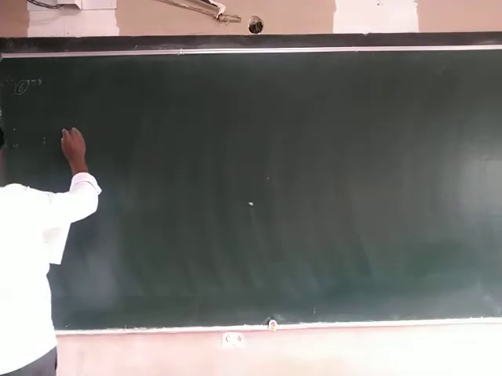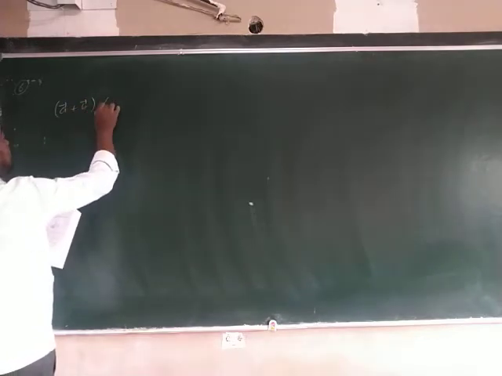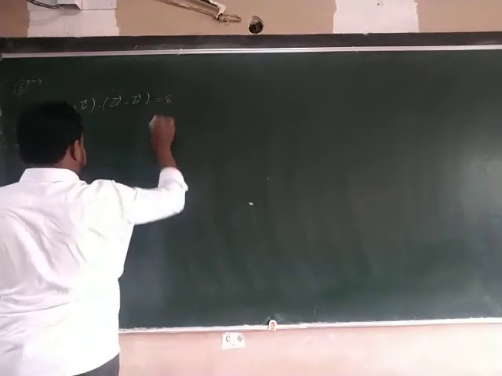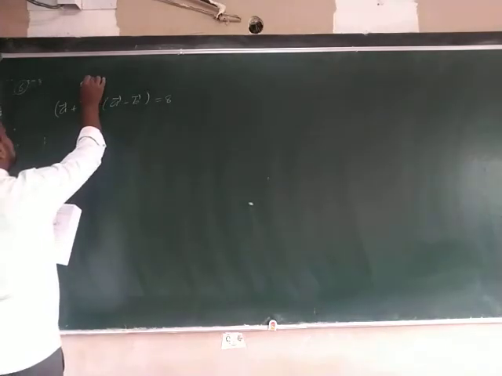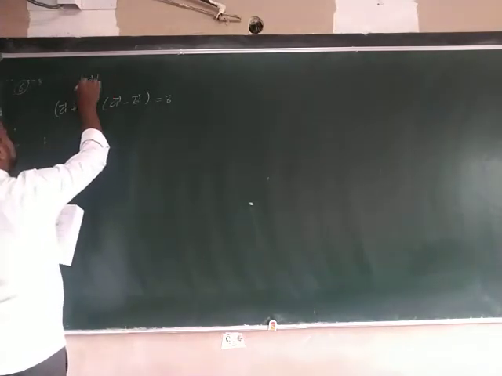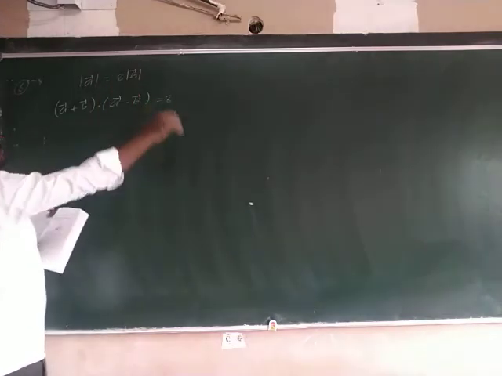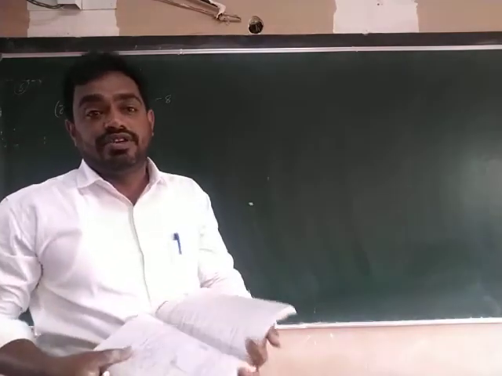Next, question number 6. Find the magnitude of vector A and the magnitude of vector B, if vector A plus vector B dot vector A minus vector B is equal to 8, and the magnitude of vector A is equal to 8 times the magnitude of vector B. So they have given these two equations.